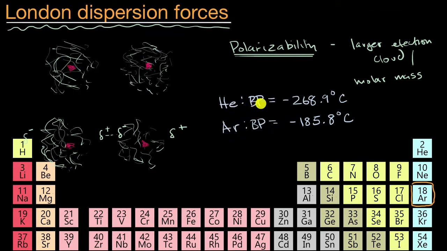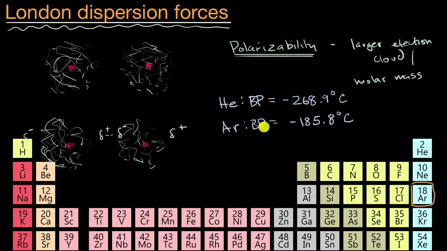But as you warm things up, as you get beyond negative 268.9 degrees Celsius, you're going to see that those London dispersion forces that are keeping those helium atoms together, sliding past each other in a liquid state, are going to be overcome by the energy due to the temperature. And so they're going to be able to break free of each other, and essentially the helium is going to boil, and you're going to enter into a gaseous state, the state that most of us are used to seeing helium in.